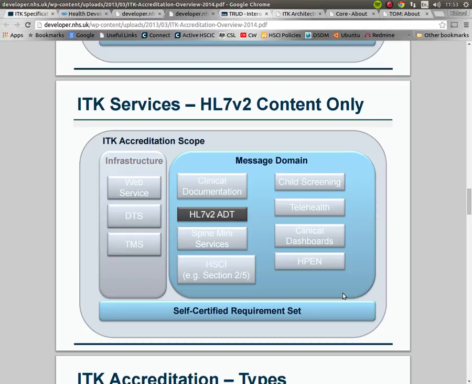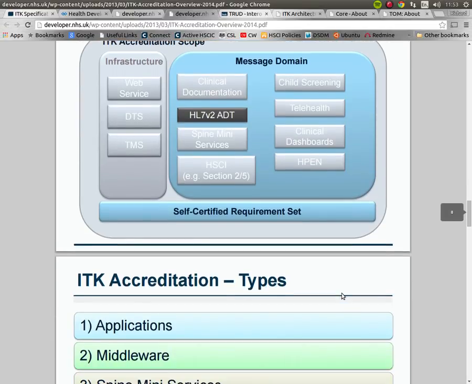So we do offer a content only accreditation for HL7V2 messages.